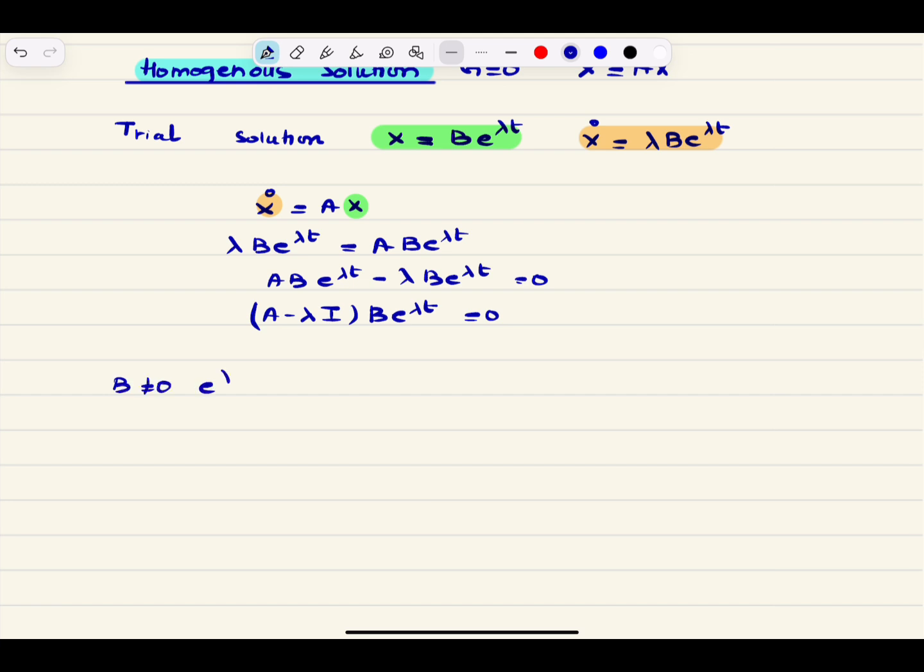We know that this is always greater than 0. So basically we're going to take the determinant of this matrix and put it equal to 0.